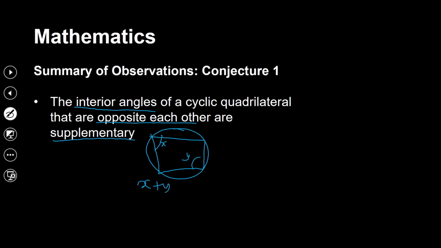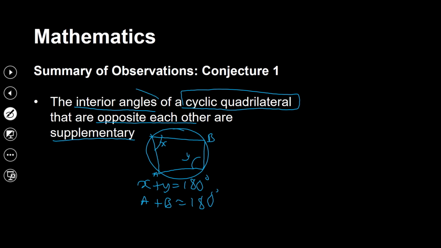My x plus y must be equal to 180 degrees, right? Let's call this one a here, let's call this one b. Also a plus b must also be equal to what? 180, provided that my quadrilateral is concyclic, not just any quadrilateral, and also provided that my angles are interior, so are inside the quadrilateral that we are talking about.